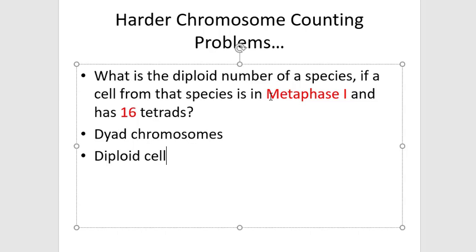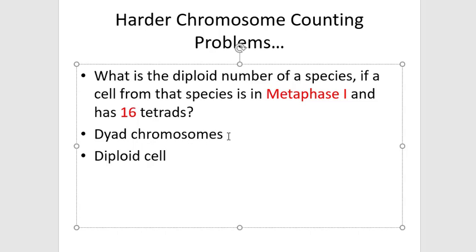A diploid cell is always kind of the assumption unless they tell you something different. You can default to a diploid cell. Now, if you have dyad chromosomes in a diploid cell, since this is a diploid cell, you just need to know how many chromosomes are in this cell, and that would be your diploid number of the species. Well, it has 16 tetrads.